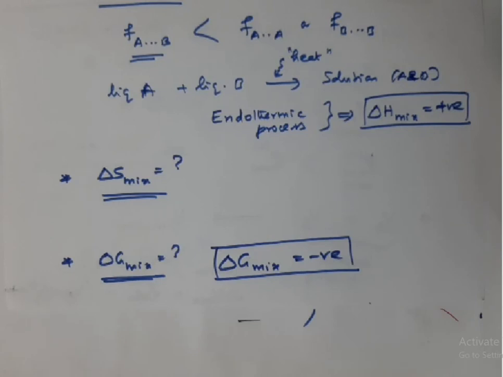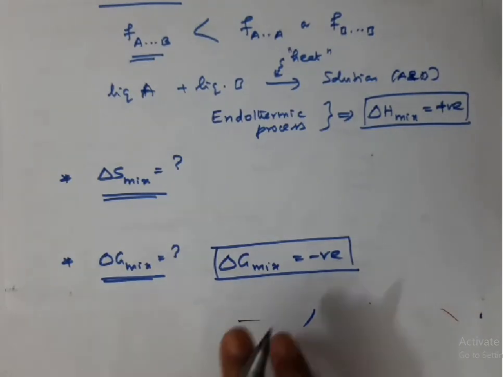The solution is formed spontaneously. We didn't do anything, we are just mixing A and B, and you get a solution. By just mixing A and B, if you get a solution without doing any external work, we call the process a spontaneous process. For a spontaneous process, delta G mixing is negative.